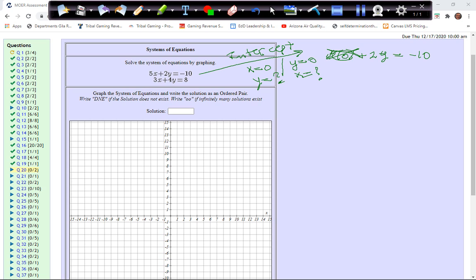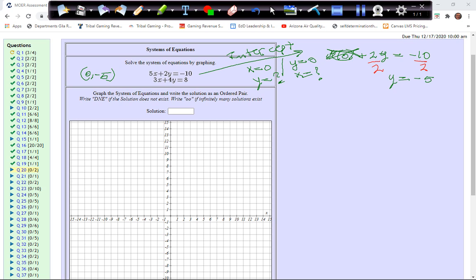We can solve that simply by dividing both sides by 2, and we've got y equals negative 5. So when x is 0, y is negative 5. That's 1 point we get over here. So how do we do that? (0, negative 5). And we'll plot this one just by plotting the 2 points.